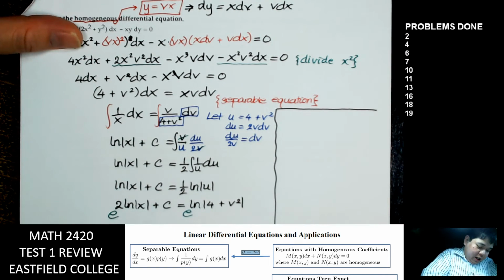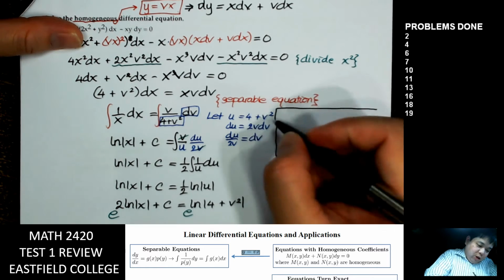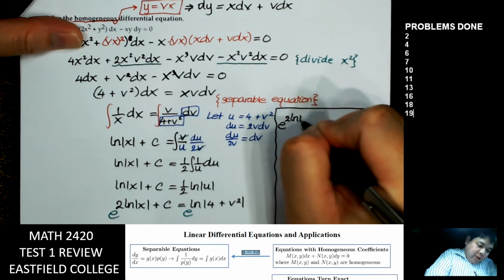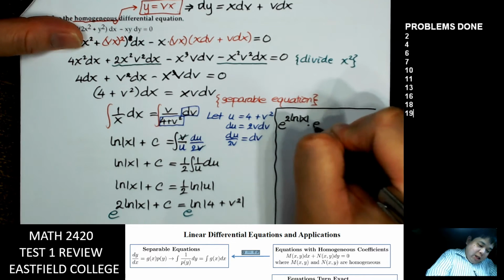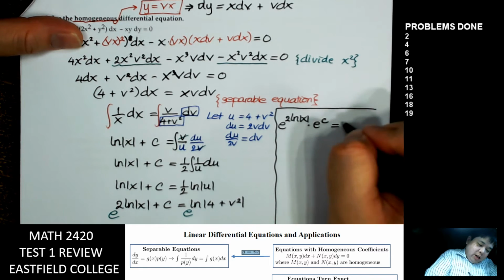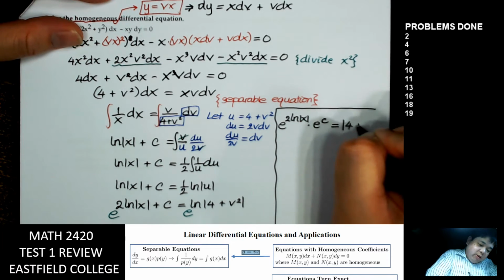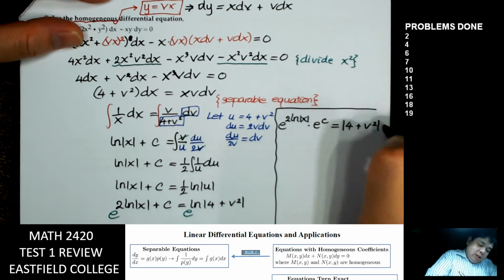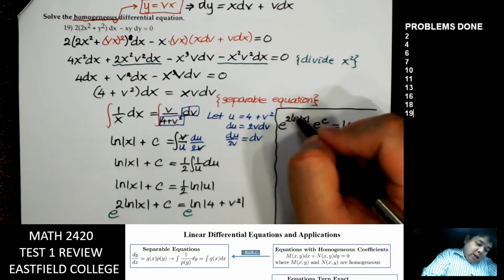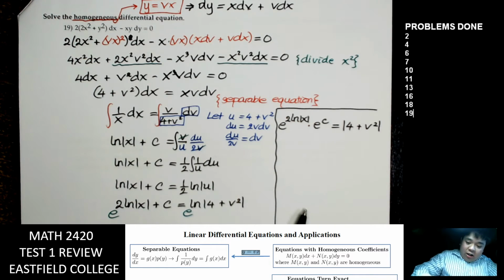When we raise that, it will be e to the 2 ln of x times e to the c. E and ln cancel, and here will be the absolute value of 4 plus v squared. So the 2 here will go inside.